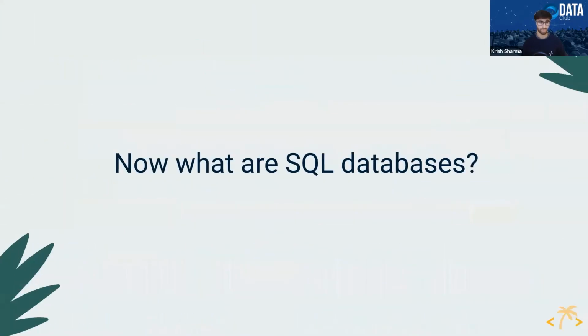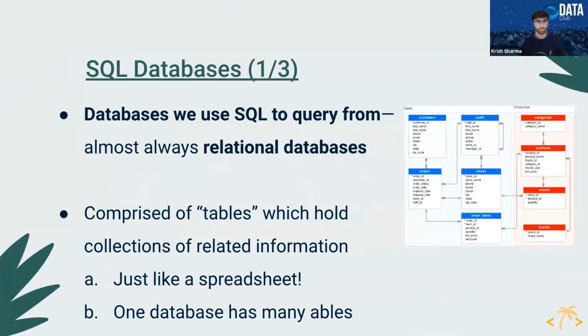So now, what does an SQL database look like? We went over the language, but now what does the database itself look like? We use SQL to query from them, and the type of database that we query from is a relational database. A relational database has tables, and it holds collections of related information.